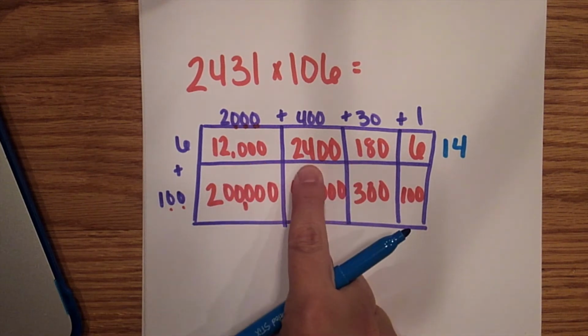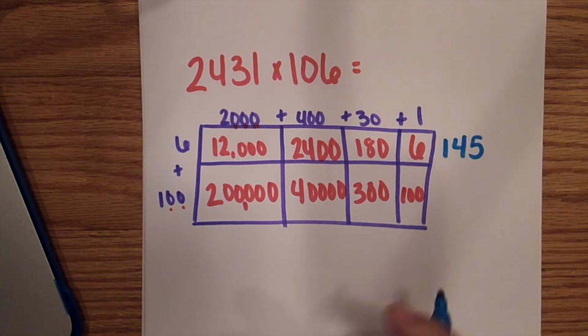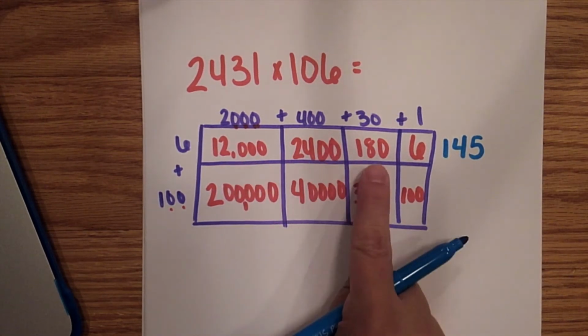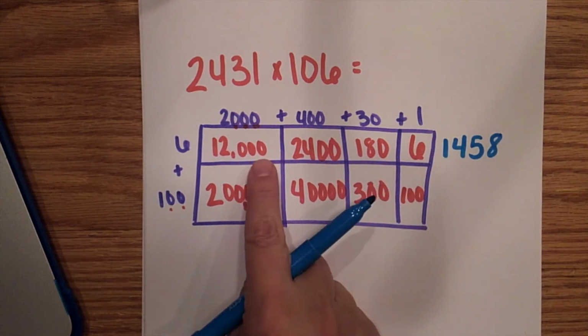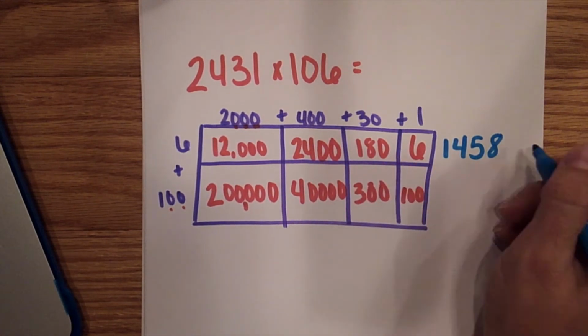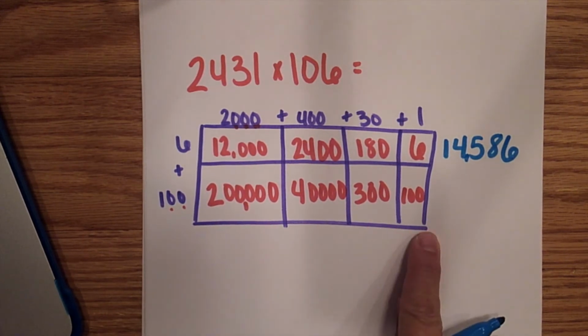So 0 plus 4 is 4, plus 1 more is 5. Now we're going to go to the tens place. 0 plus 0 plus 8. And the ones place. 0 plus 0 plus 0 plus 6. 14,586.